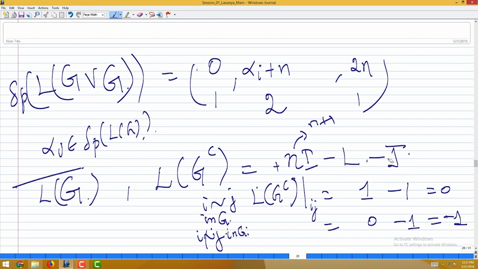That is why I am putting so much time here. Unless you are clear about how your matrix is going to look, getting the eigenvalues for that would be very difficult. You should first be clear about how your matrix is going to look. Is it nI or n plus 1 I?